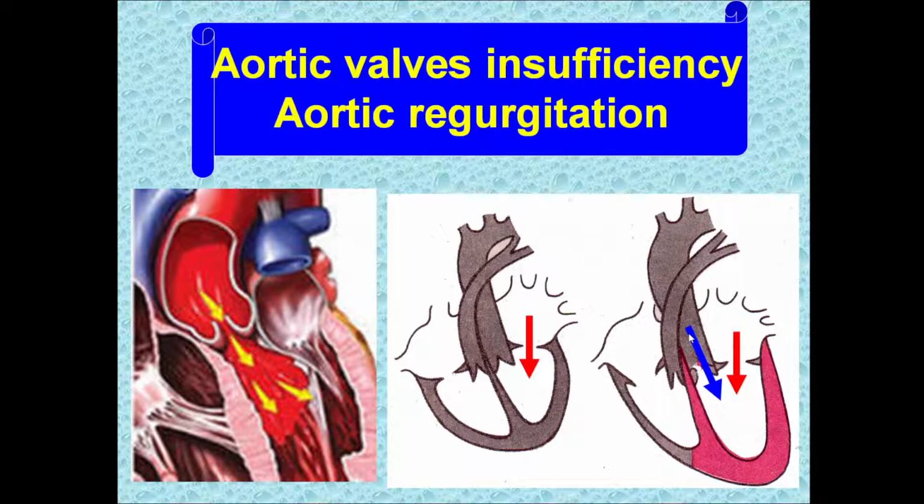Because at the beginning of the diastolic period, when the left ventricle is empty, pressure in the aorta is increased, and blood comes back to the area with low blood pressure. Normally, it's prevented by the closed semilunar valve. In our case, they are unclosed and blood easily comes back into the left ventricle.